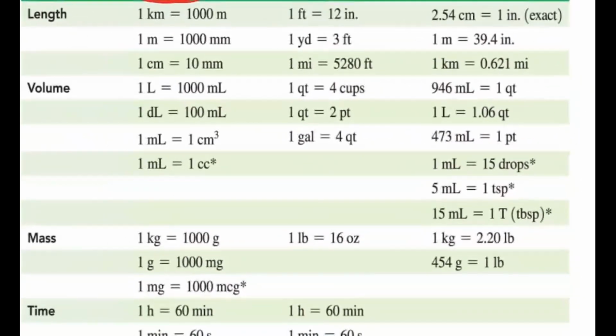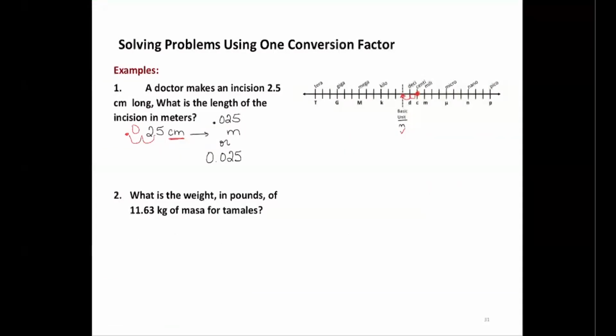It's right here. Now, you can see that 1 kilogram equals 2.20 pounds. So how do I do that? Well, I know that my equality is 1 kilogram equals 2.20 pounds.